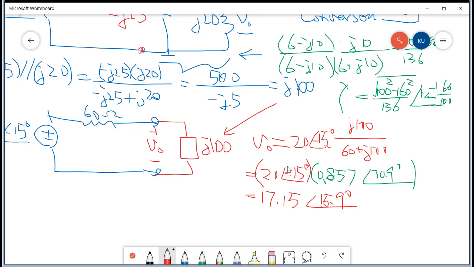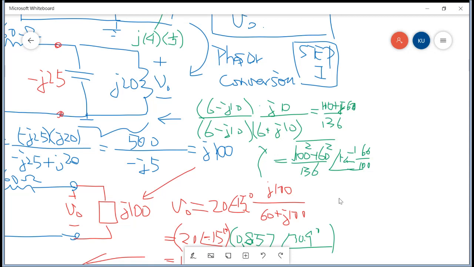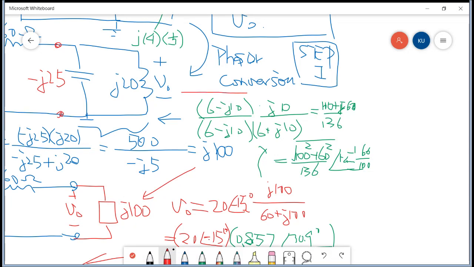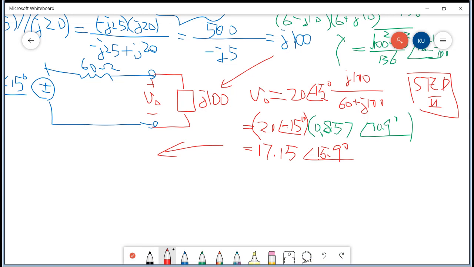So in the time domain, here for step 2, so this is step 2. Step 2 is to solve the circuit in the phasor domain, and then finally it is step 3.